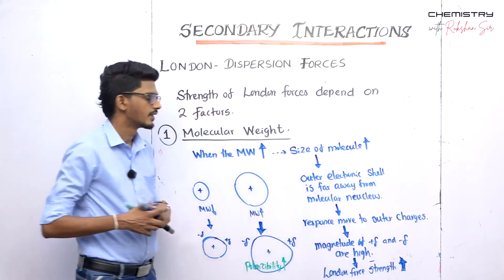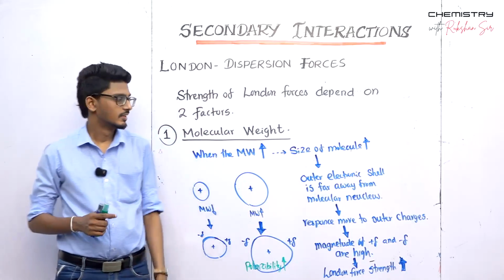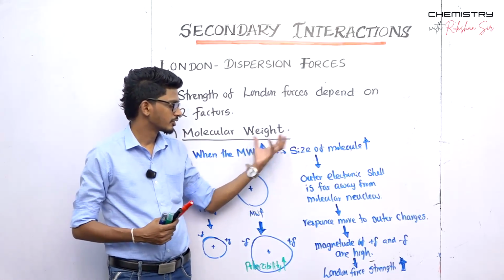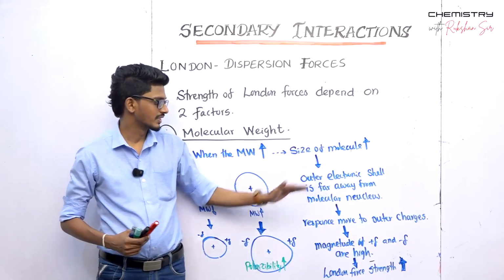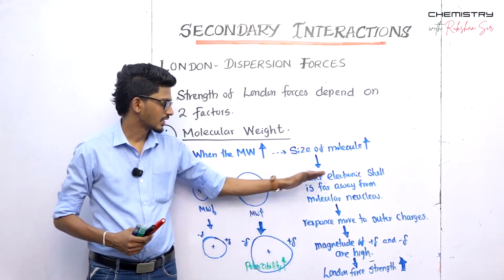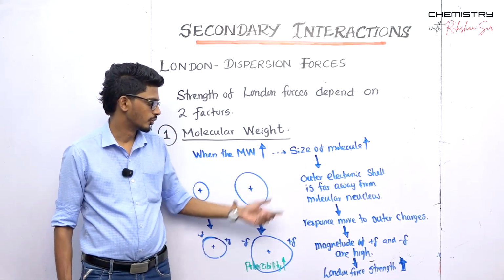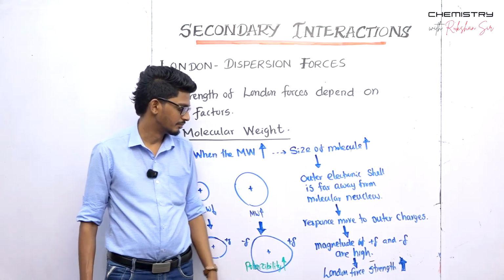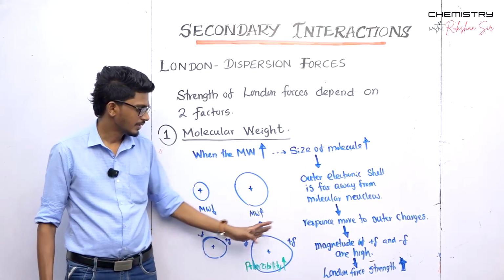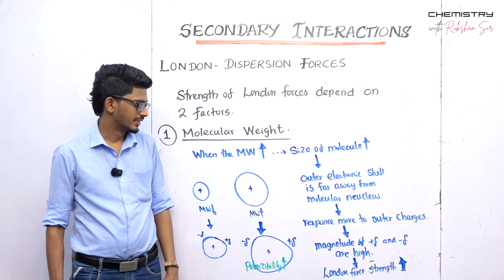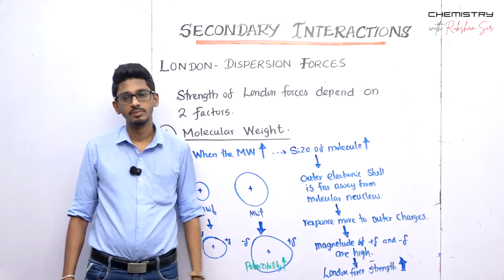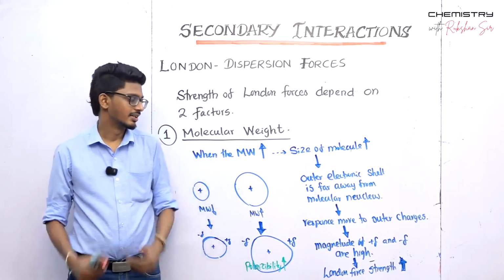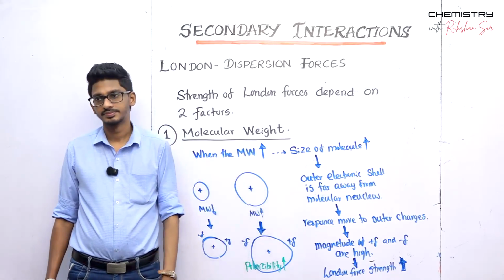Right, that is what happens. When the molecular weight is high, the size of the molecule is high. The outer electron shells reside far away from your molecular nucleus. So those electron densities will respond heavily towards outer charges, making greater positive and negative poles, so the attraction between the positive and negative poles will be greater when you are larger.